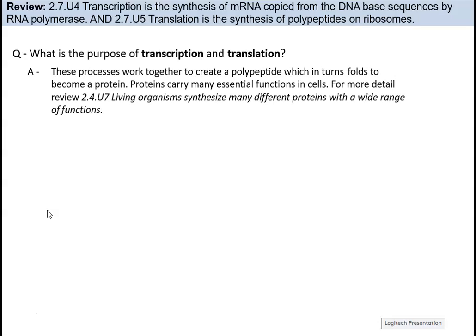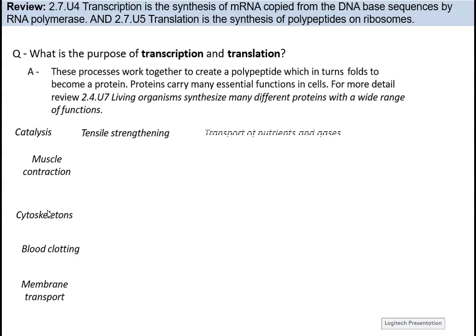We have different types of proteins with different functions. If you look at this picture, you see proteins produced for catalysis, muscle contraction, cytoskeleton, blood clotting, and so on.